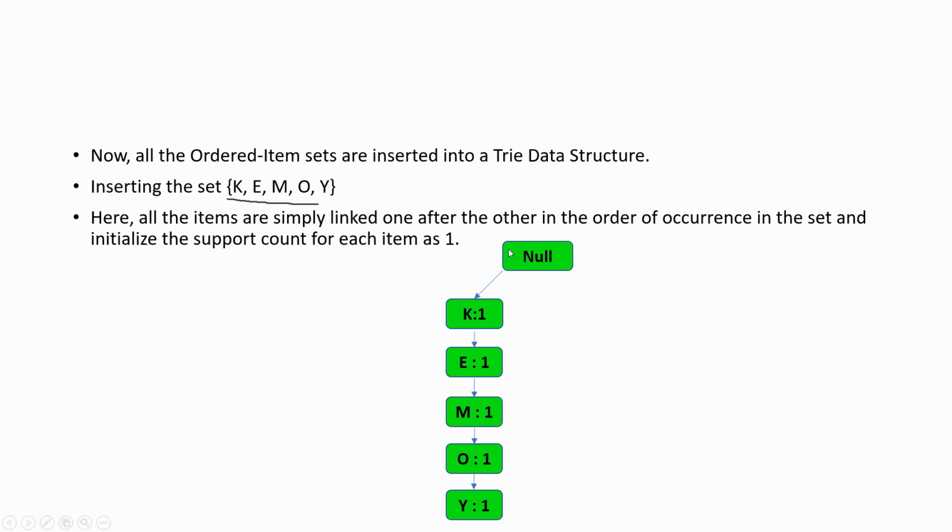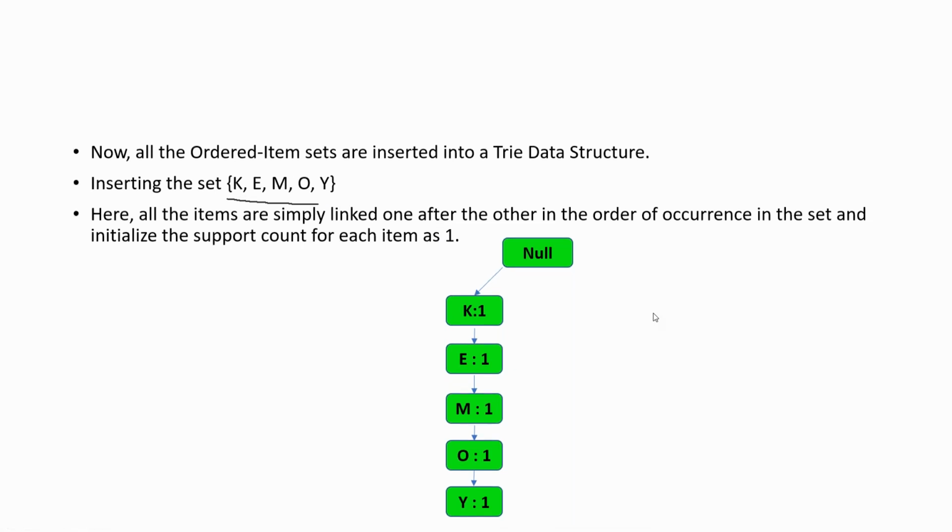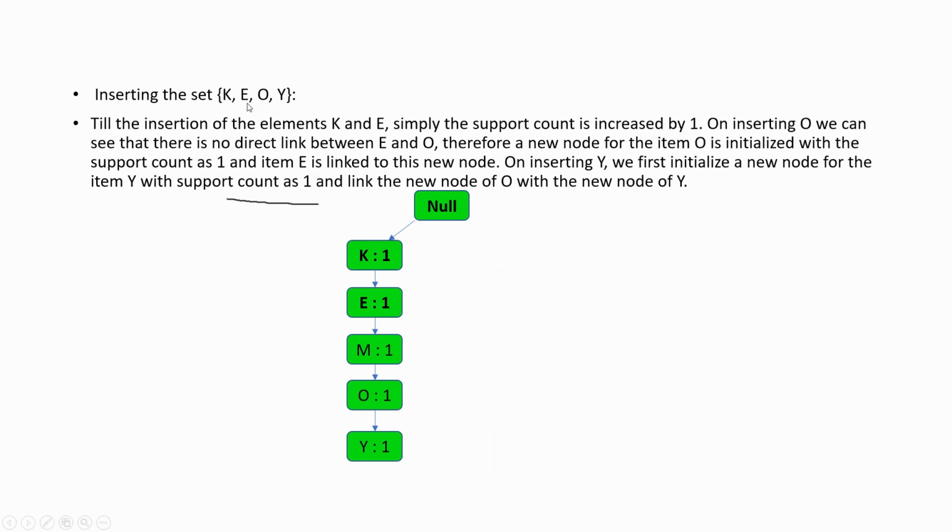Now the next step is to add the frequent item set of transaction T2. That was KEOY. So now we have to add this KEOY to the tree which we built previously.